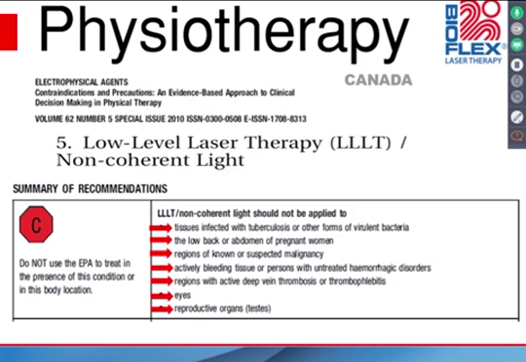Physiotherapy Canada also says not to treat directly on reproductive organs, specifically the testes. Again, they're not quite sure of the effects. However, this is one of those questionable contraindications because I've seen research for treating patients over these areas for reproductive purposes with positive results.